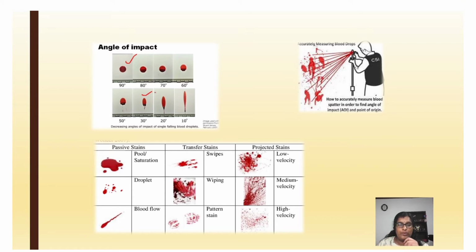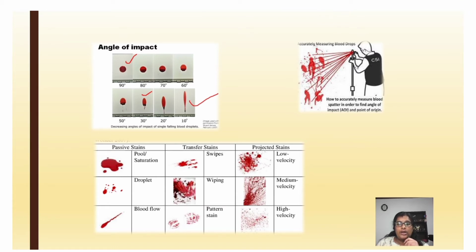And this kind of shape we will get if the blood falls at a 10-degree angle. So this kind of generalization helps to find the angle of blood patterns, from which angle it originated.